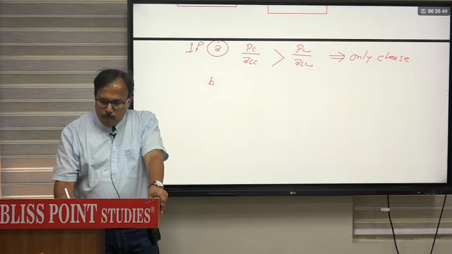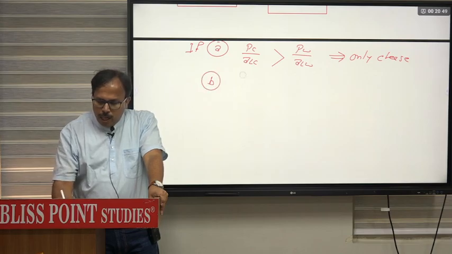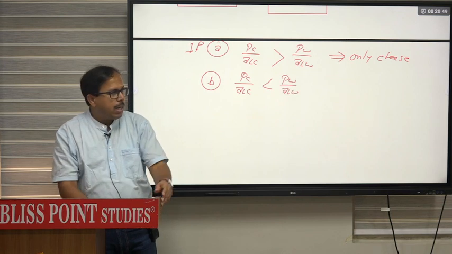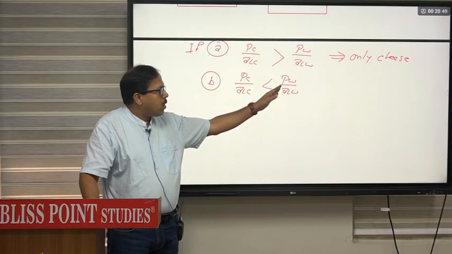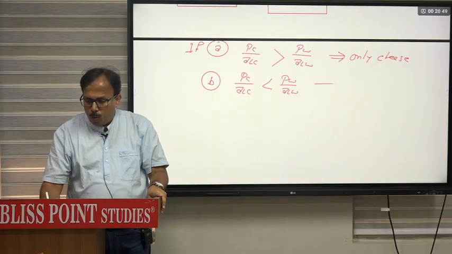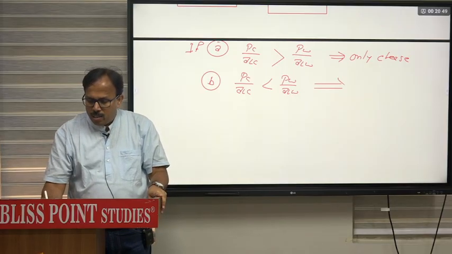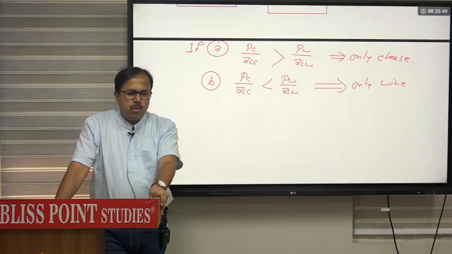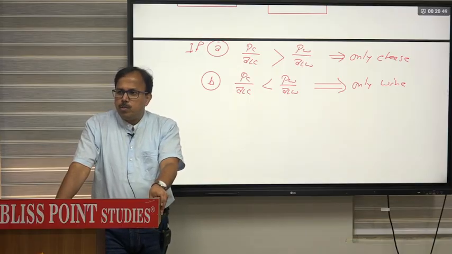Second possibility, if PC upon ALC is less than PW upon ALW, now this means that wage in wine is more as compared to wage in cheese. So all workers will go to wine, and in that case country will produce only wine. So when can the country produce both the goods?